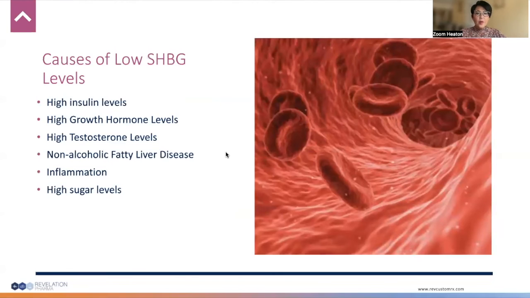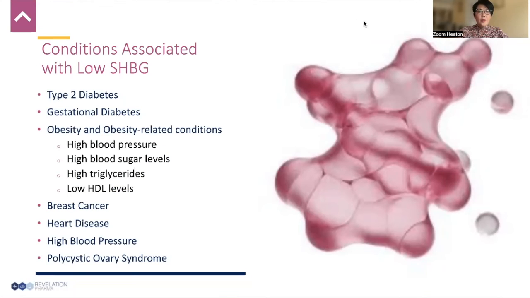Some causes of low SHBG levels include high insulin levels, high growth hormone levels, high testosterone levels, non-alcoholic fatty liver disease, inflammation, and high sugar levels. Some conditions that are associated with low SHBG levels include type 2 diabetes, gestational diabetes, obesity and obesity-related conditions such as high blood pressure, high blood sugar levels, high triglycerides, low HDL levels, the good cholesterol, breast cancer.